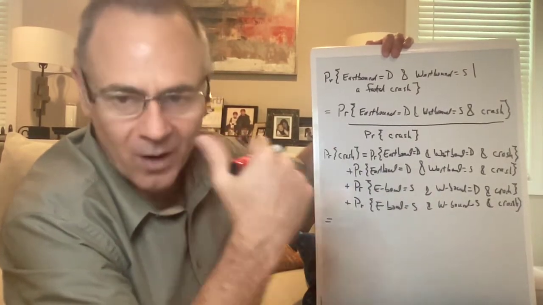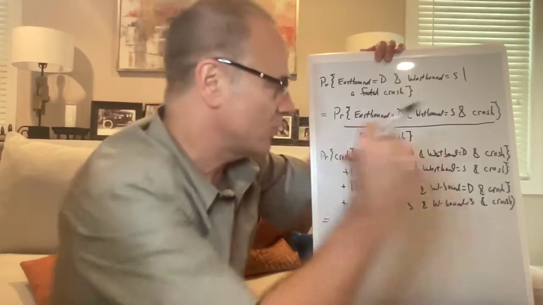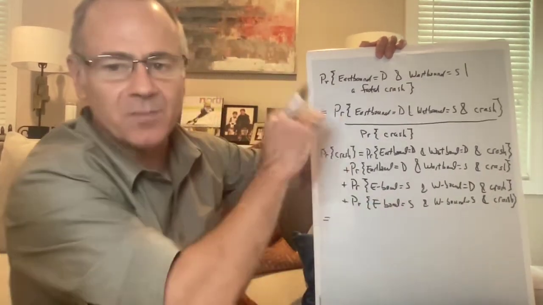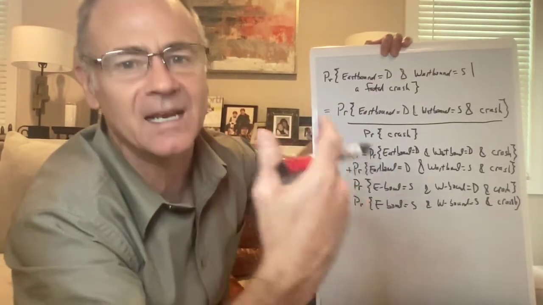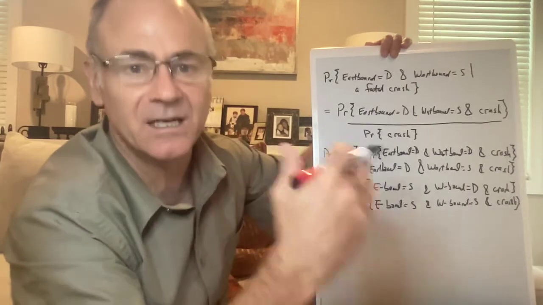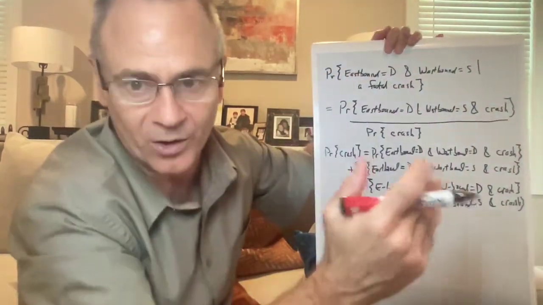So the probability of this first event, the eastbound driver's drunk, the westbound driver's drunk, and there's a crash, just equals, and this is all given an interaction. So we're conditioning upon two cars passing each other on that road.